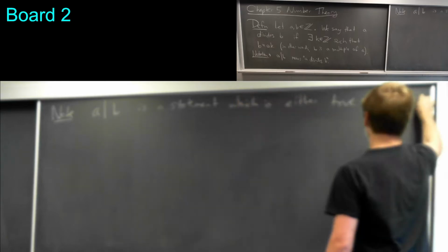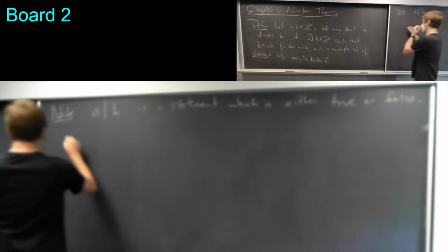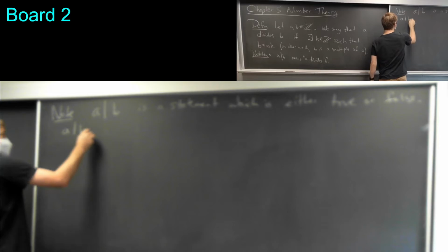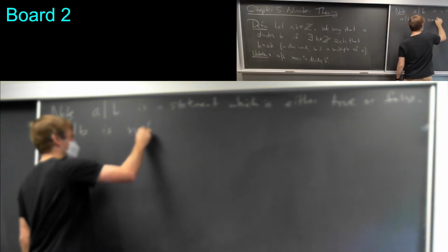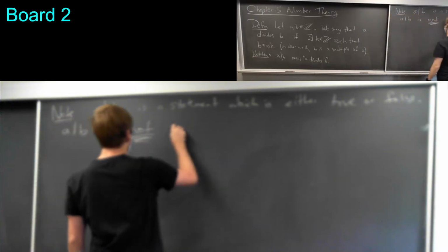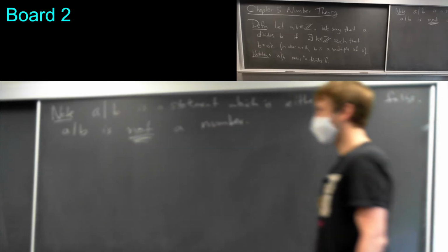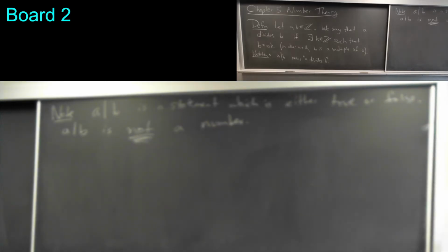This is a mistake a lot of people make: this is not a number. It's not, for example, the ratio of a and b. a divides b is a statement. It's something which is either true or false. Either a divides b or it doesn't.